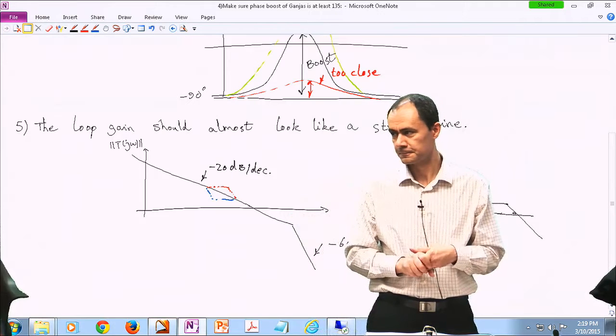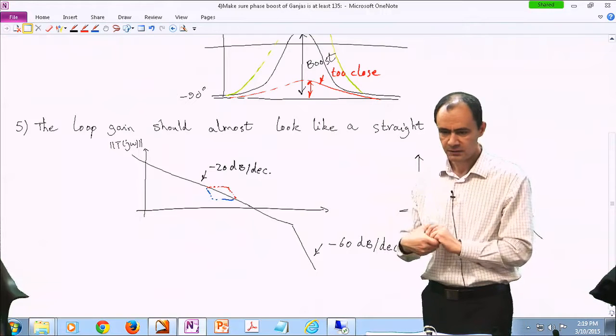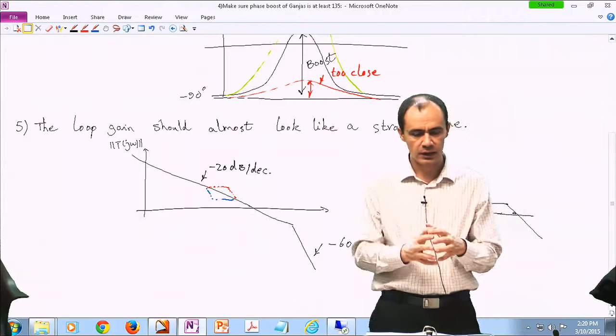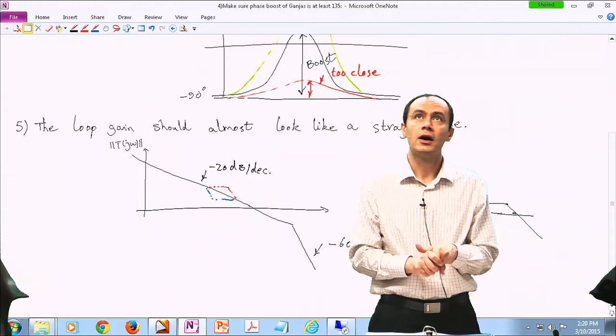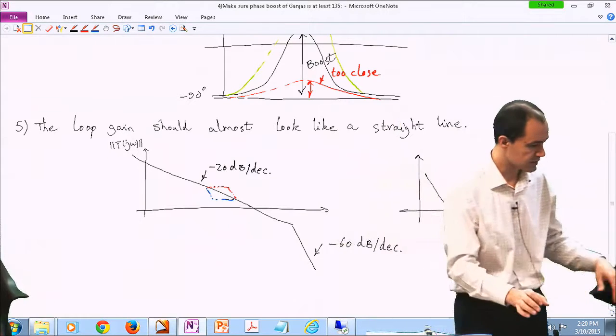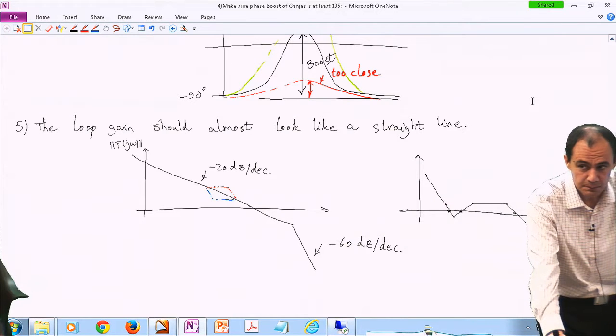Does the right-hand plane zero also give a phase boost, or will it decrease the phase? The right half plane zero gives you a... Okay, I should remember this, but I don't. I think we had it somewhere here. It behaves as a pole. That's why I was asking. The right-hand zero also behaves as a pole in the left-hand side.